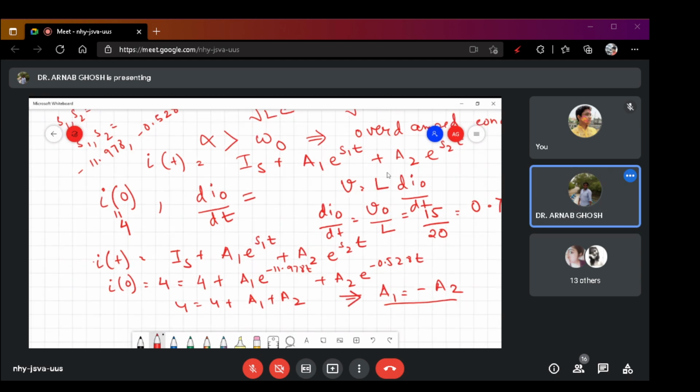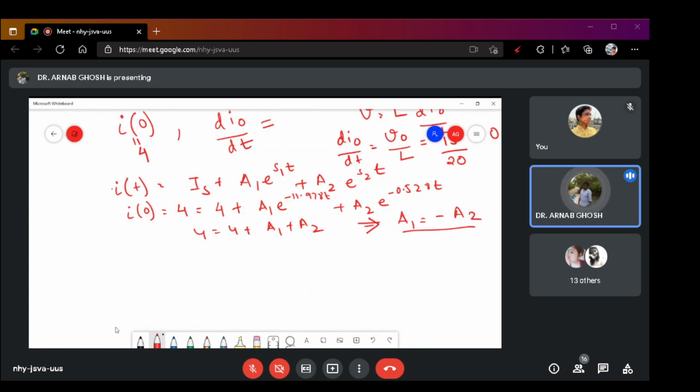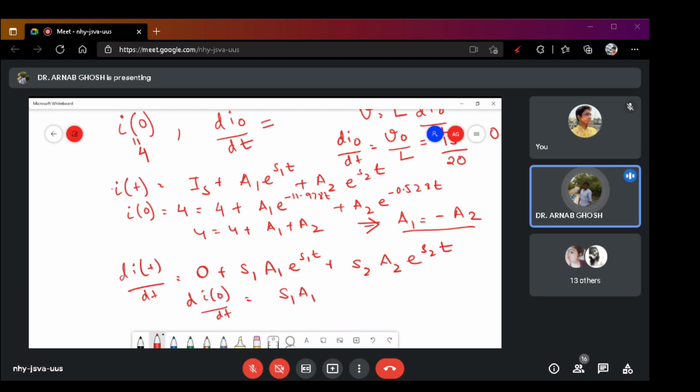Next, what will be di(t) by dt? This is a constant term, so this is becoming 0 plus S1 A1 e to the power S1t plus S2 A2 e to the power S2t. So at di0 by dt, you are left with S1 A1 plus S2 A2, and this you have already got here, 0.75.